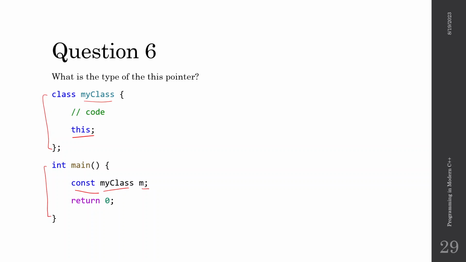Now what will be the type of the this pointer? According to the previous slide, if our class name is my class, then this will be the default data type of this.